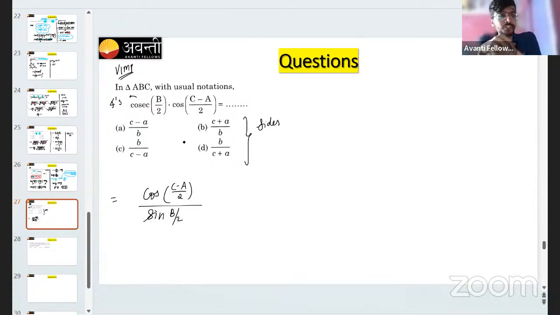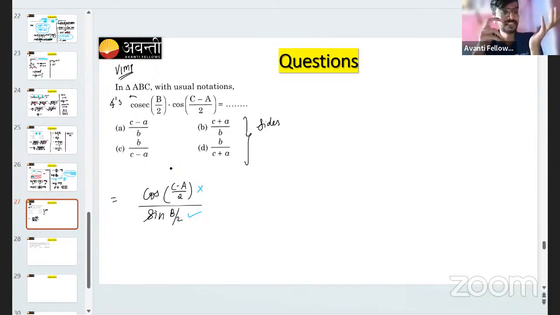So the next step which I'm going to do is the important one. After that, it is very simple. See, why did I do the next step? Because here, both the angles are half angles. So suppose I know the formula of this, but I don't know the formula of cos C minus A by 2. If I use compound angles to open the numerator, cos A minus B is cos A cos B plus sin A sin B, then I can use it. But if you can imagine, the calculation will be so big, and all of it will be under root.